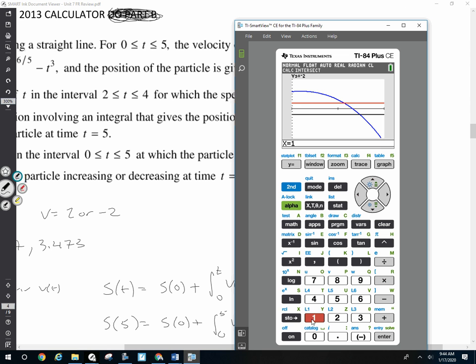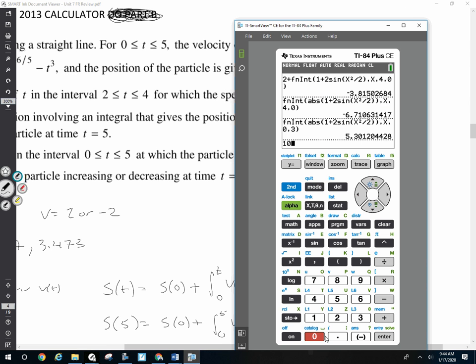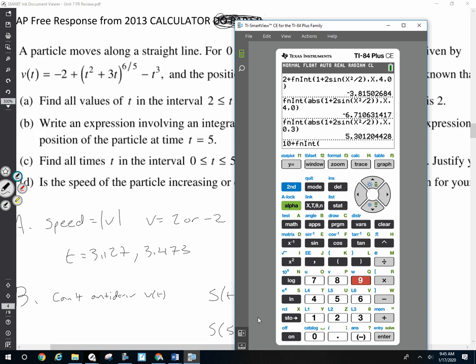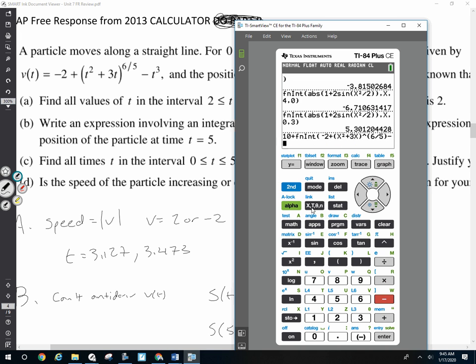I got 10. 10 plus math 9, an integral of negative 2 plus t squared plus 3t to the 6/5 minus t cubed, that's my function, with respect to x from 0 to 5.